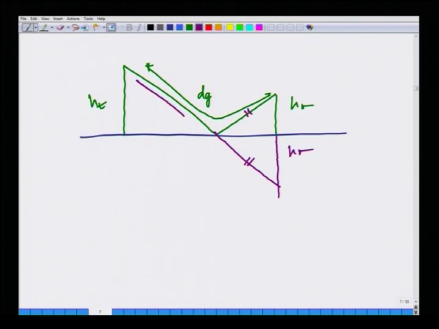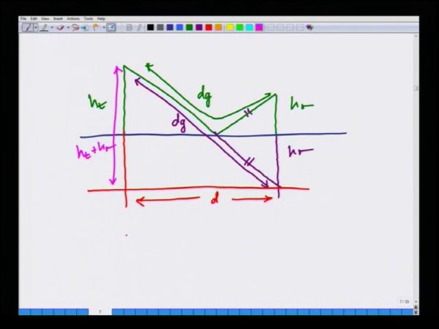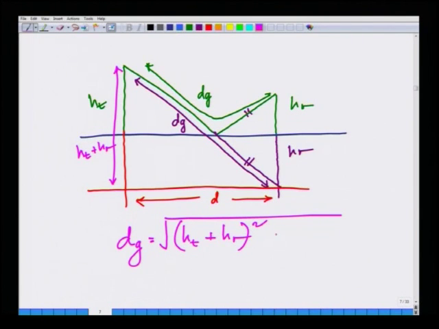Hence, this now is nothing but dg, and if I look at this triangle, with length d, and this length now becomes obvious, that is ht plus hr. Hence, dg is the hypotenuse of a right angle triangle with sides ht plus hr and d. Hence, dg is the square root of (ht plus hr) whole square plus d square.